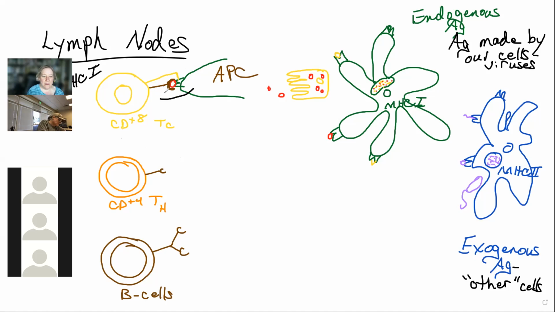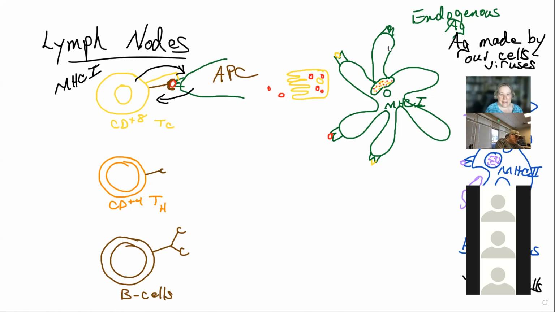They release cytokines and talk to each other, and they actually bind other receptors, but we're not going to go into that. And this cell says, hey, there's my antigen. I need to go out and fight this. I need to fight whatever is making this epitope.